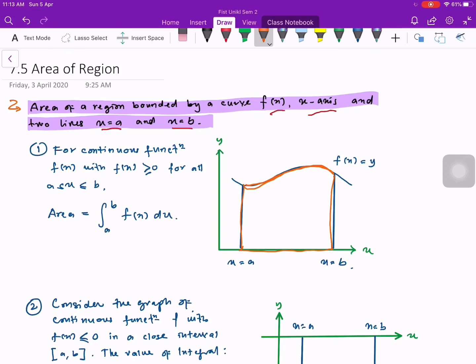So the region that we are looking for in this case is bounded by all this curve. Okay, so this is actually a region R that we are looking for.